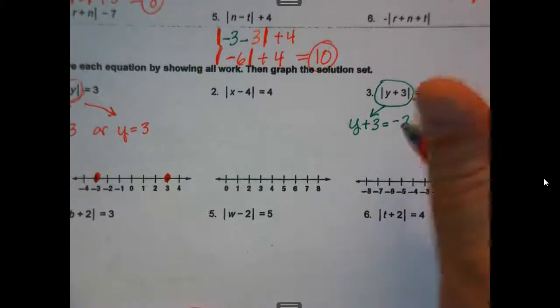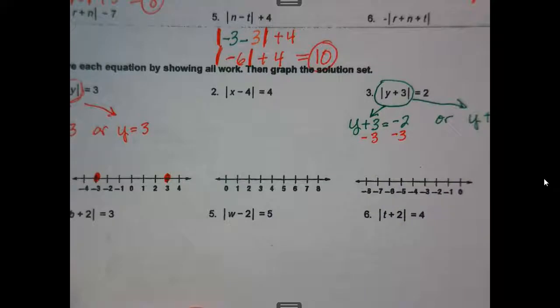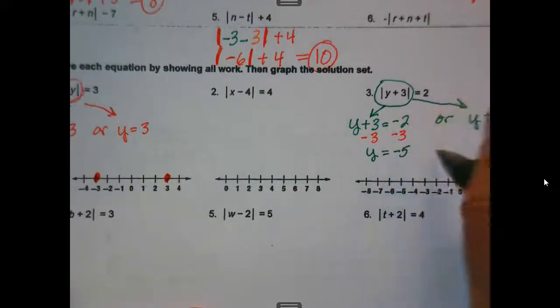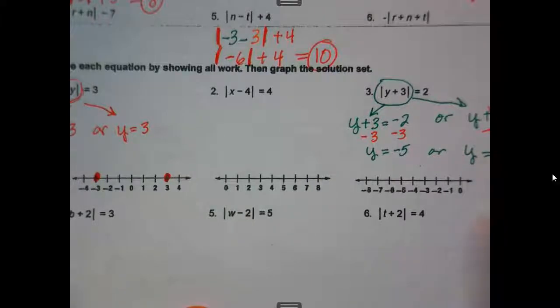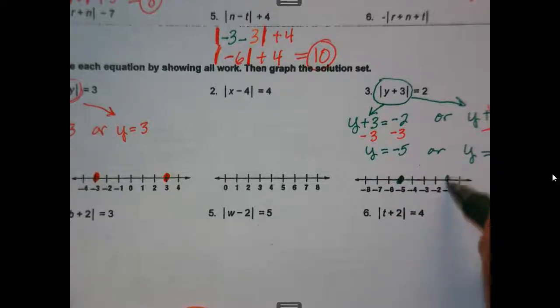Solve for Y, so I'm going to subtract 3 here, subtract 3 here. I get Y equals negative 5, or Y can equal negative 1. So I put a point at negative 5 and negative 1.